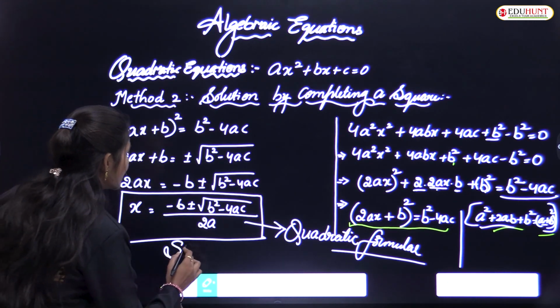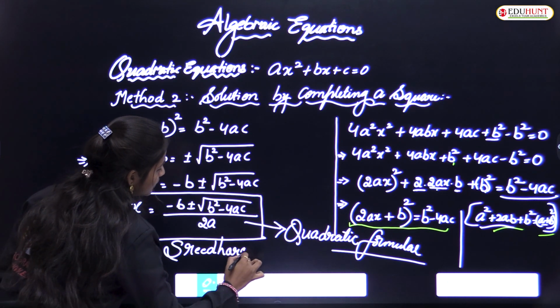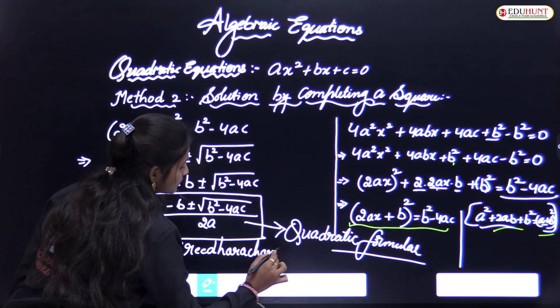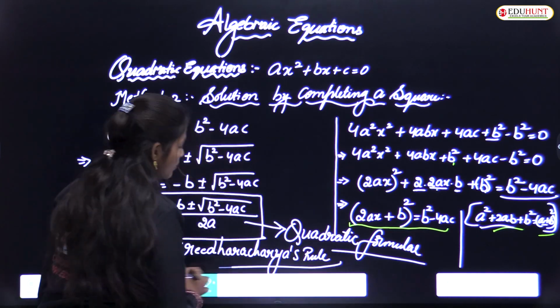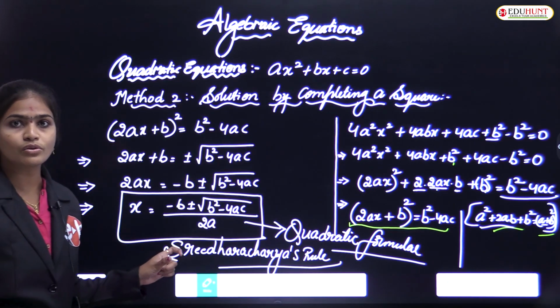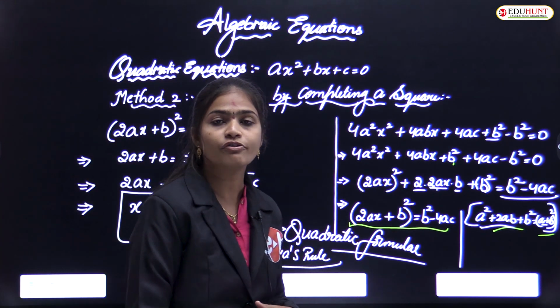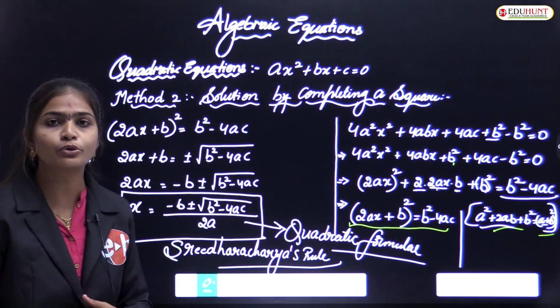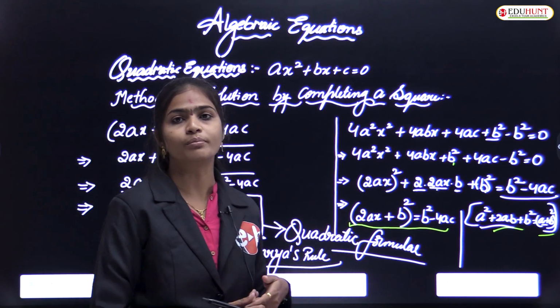So Sridhar Acharya's rule means x equals minus b plus or minus root of b square minus 4ac by 2a. So this is the quadratic formula. This is a very, very important formula.